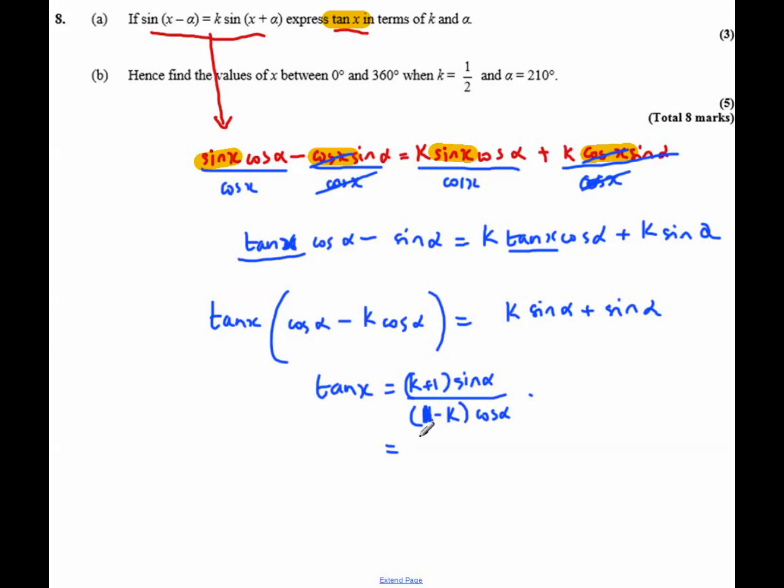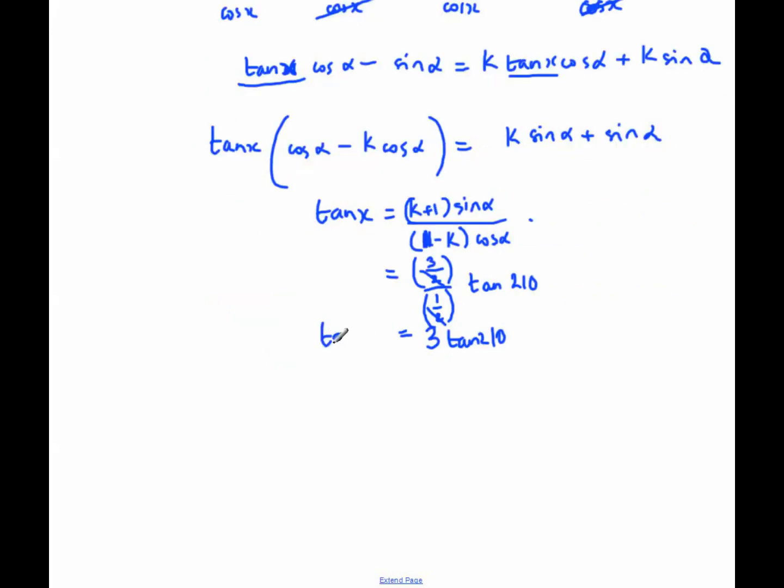So if we plug a half into this, we get 3 over 2 over a half. Now 3 over 2 over a half is clearly 3, divided by tan of 210, because that is equal to that. So tan x is 3 tan 210.